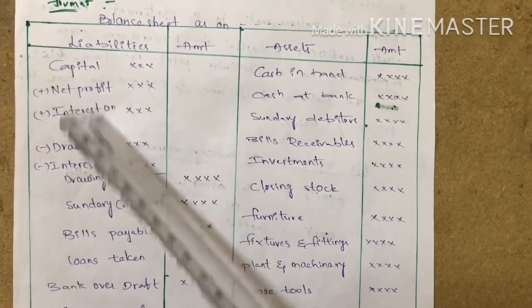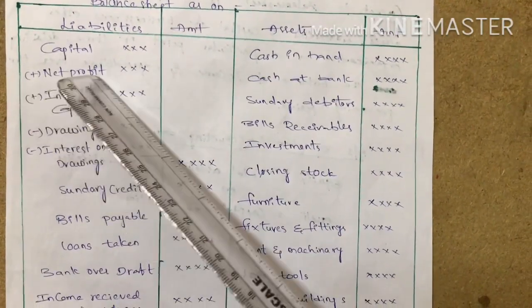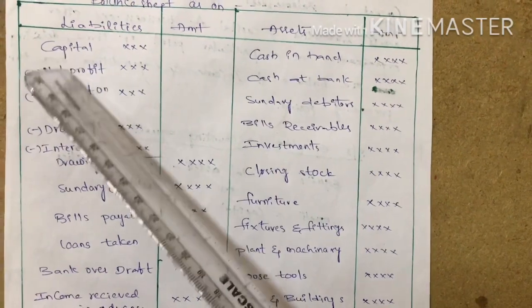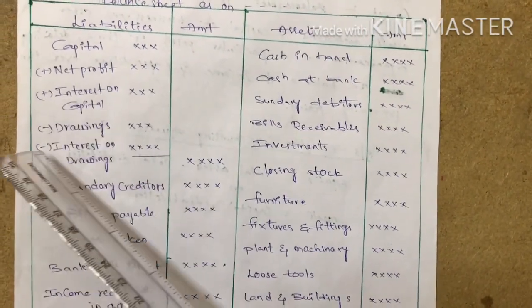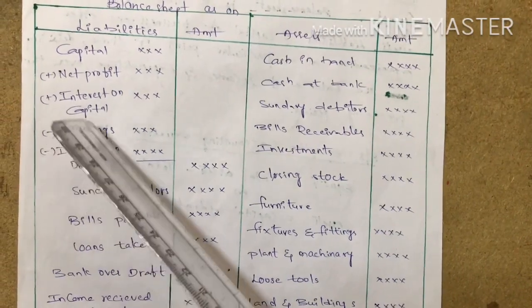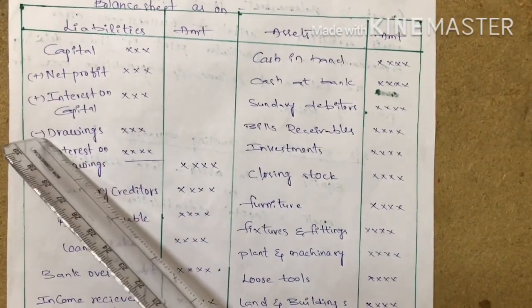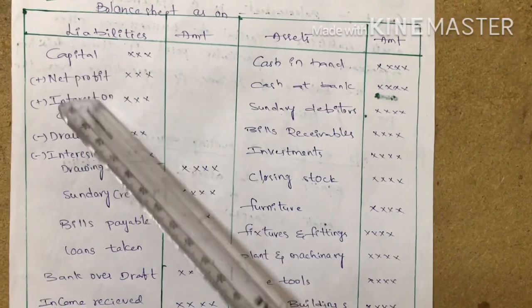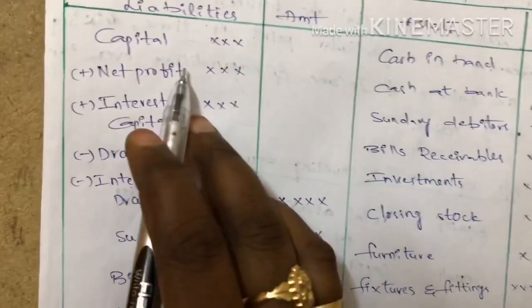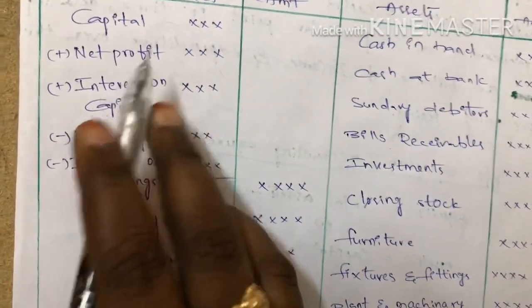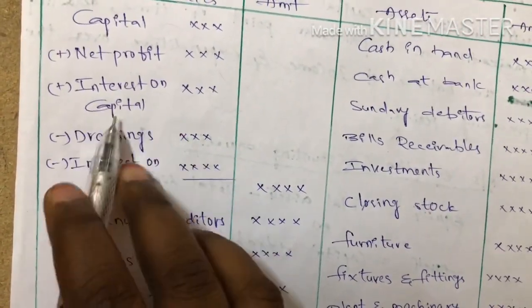Here you write the net profit plus the capital amount, and also plus the interest on capital. Then any drawings given in the problem, you deduct from this amount. Suppose some capital is given, some net profit is given, some interest on capital is given.